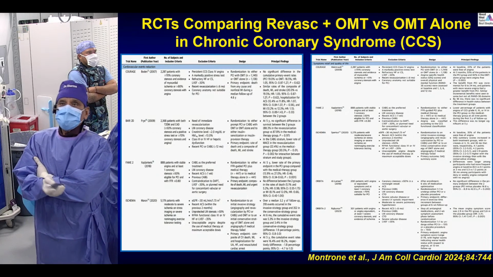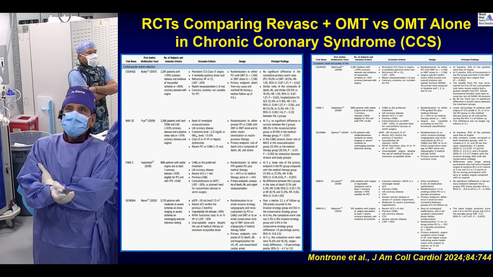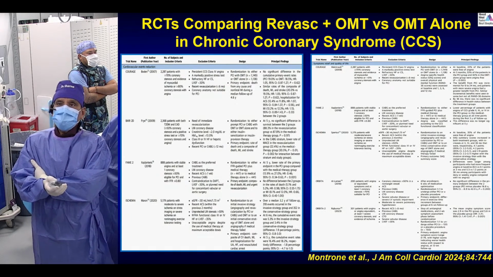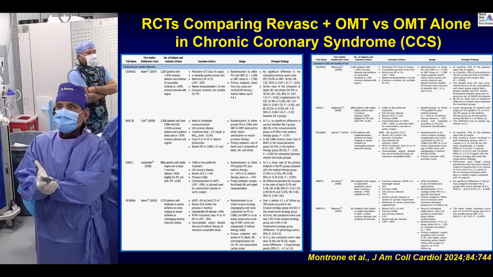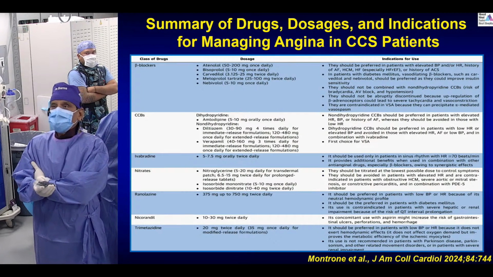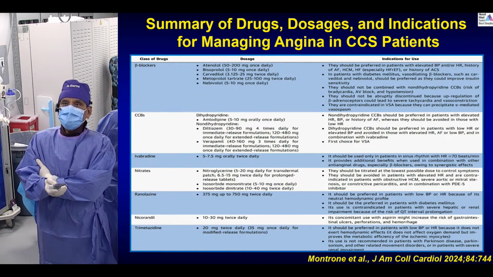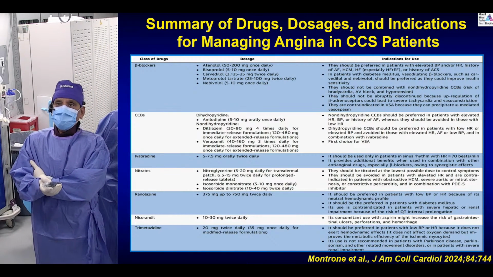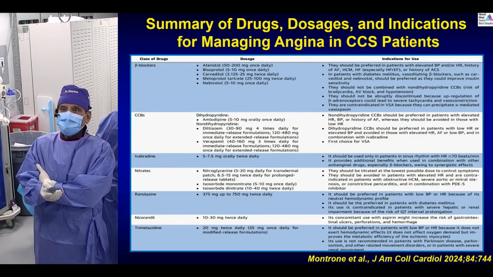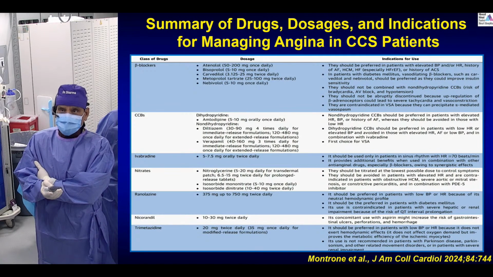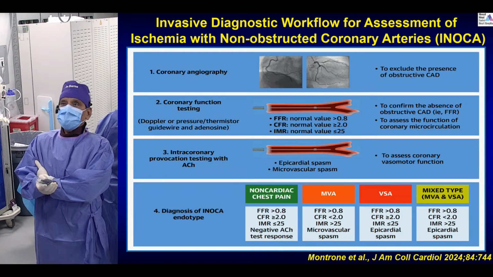They show various trials, COURAGE, BARI 2D, FAME 2, and ISCHEMIA, and you can see there ORBITA-1 and ORBITA-2, and all of them use the medical therapy we all know: beta blocker, calcium blocker, ivabradine, nitrates, ranolazine, nicorandil, and trimetazidine, the last two not being available here but available outside.